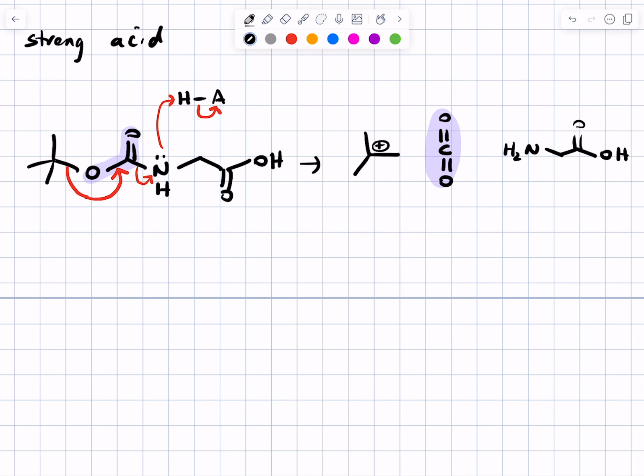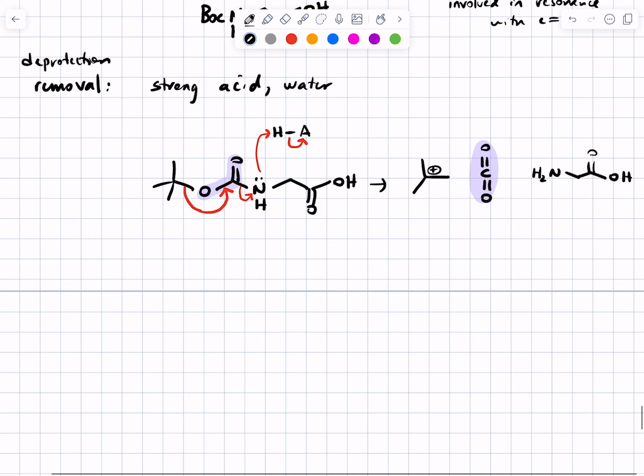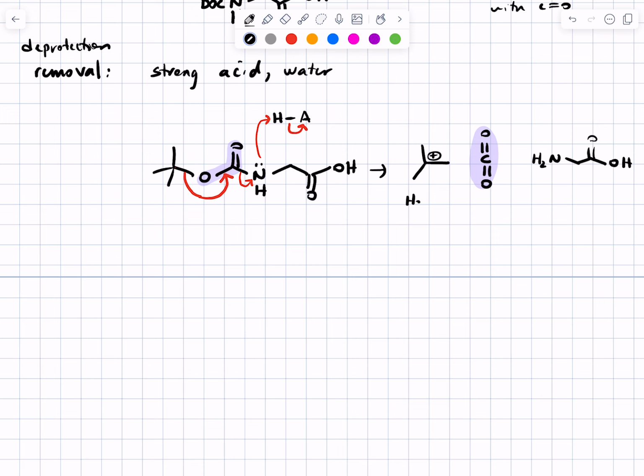Usually at this stage, you're using strong acid and you need some weak nucleophile like water present. And water or some other nucleophile intercepts the tert-butyl carbocation to make ultimately tert-butanol.